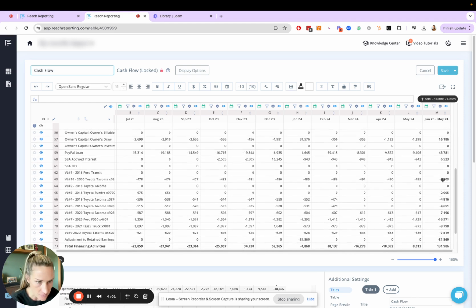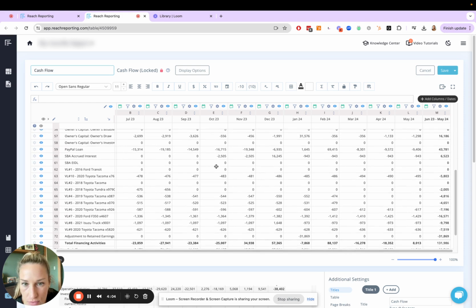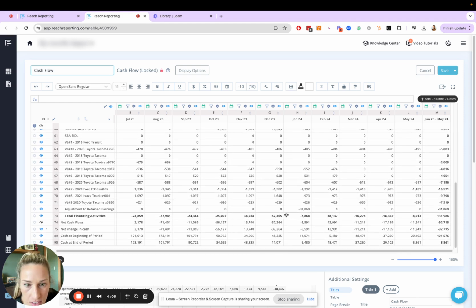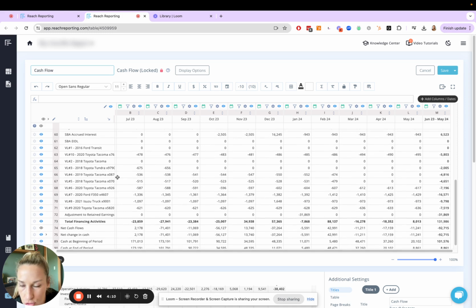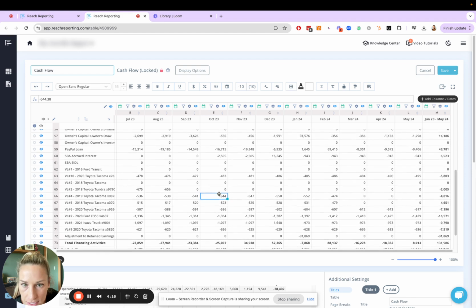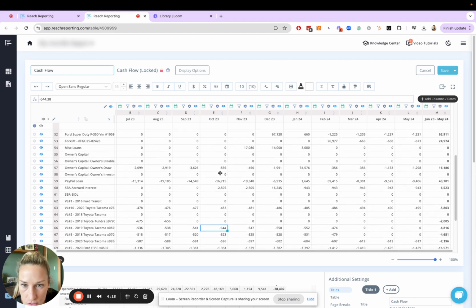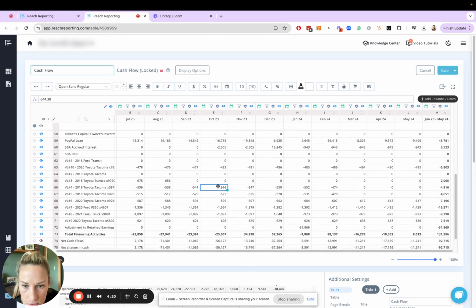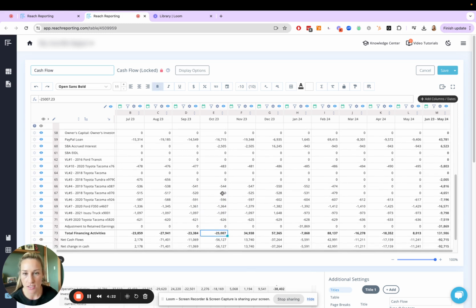So in this case, we can go month over month and get an idea of, hey, it looks like all these are probably truck leases, right? Or loans they have on all these trucks. Let's just look at one month where they didn't draw anything. So it looks like October 2023, their loan repayments were $25,000.